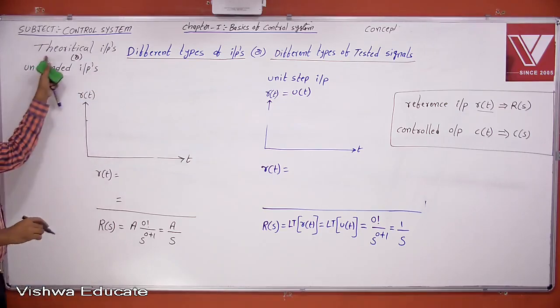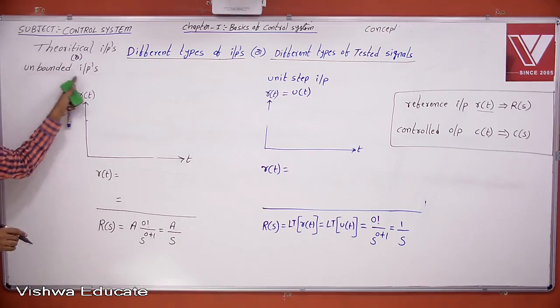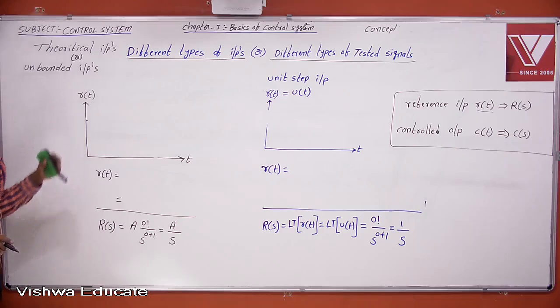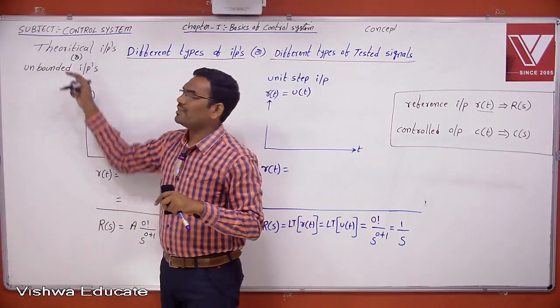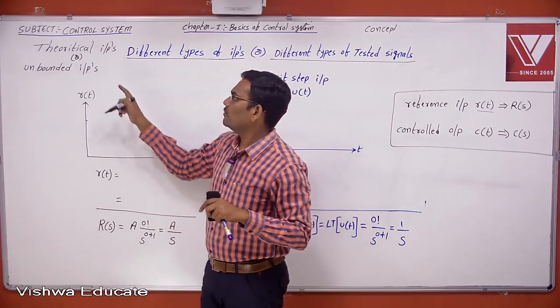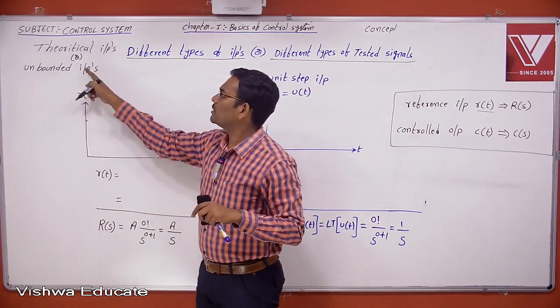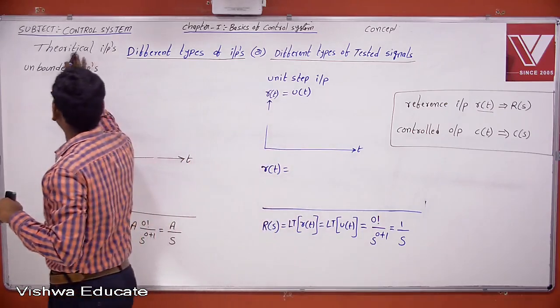These are the theoretical inputs or unbounded inputs. This is not used for practical purposes, only for mathematical or theoretical calculations. This is theoretical inputs, which we also call unbounded inputs.